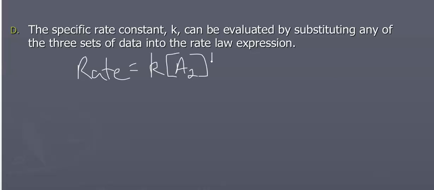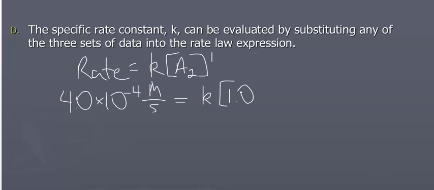The rate on trial 1 is 4 times 10 to the negative 4th, and rate is molarity per second. We want to solve for K. The concentration of A2 in trial 1 is 1 times 10 to the negative 2 molar, and that's raised to the first.